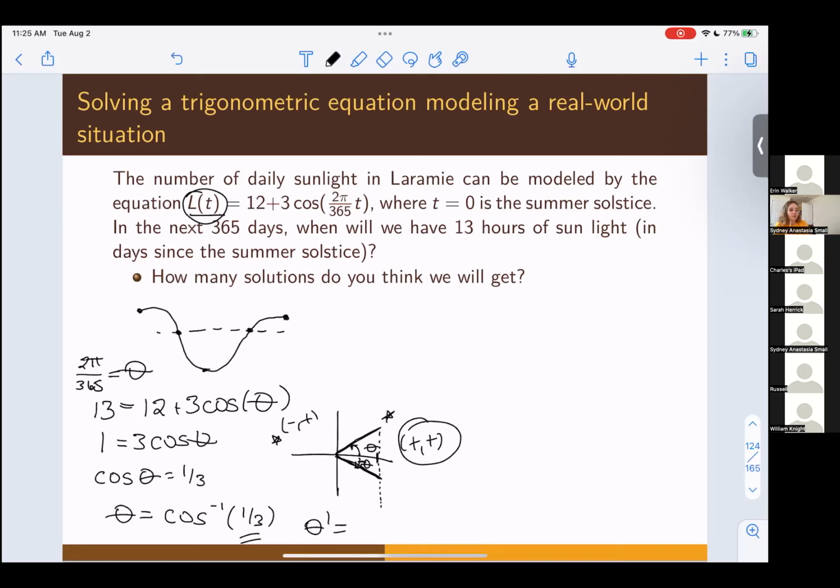However, that is not from 0 to 2 pi. It's not going to give us a solution we want. It's going to give us negative days since the summer solstice, and we don't really care about going backwards. We want to think about going forwards. So how do we find an angle coterminal to this that is within 0 to 2 pi? Well, we walk around 2 pi.